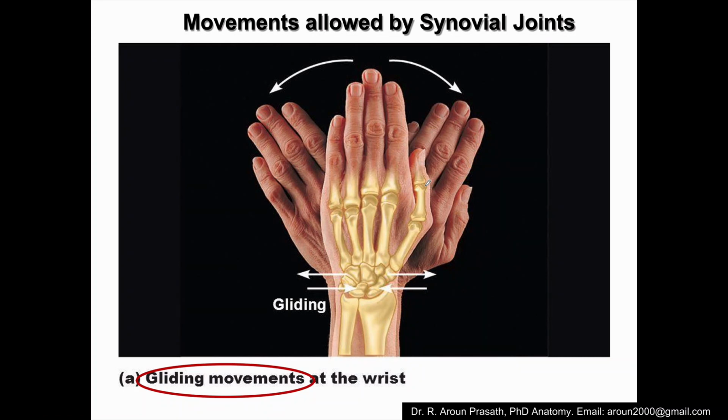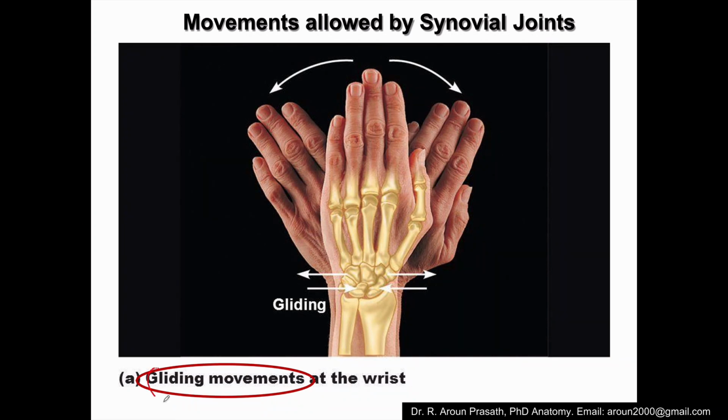Wherever this movement is taking place, there is a free range of motion. Each and every joint will have a certain range of motion, which we will also discuss. A person cannot force a joint to move more than the normal range. So we have to understand the different types of movement.